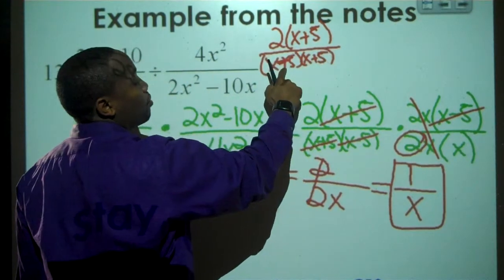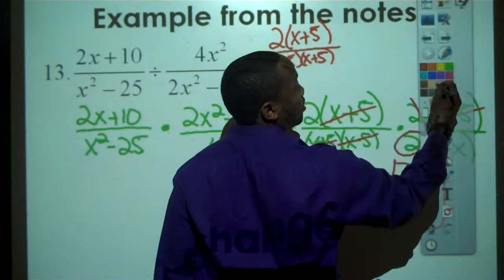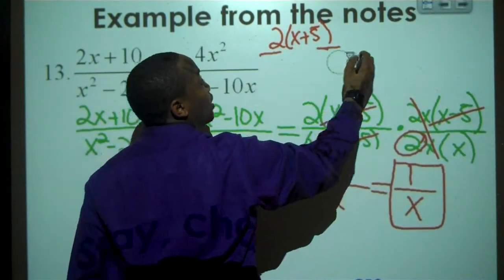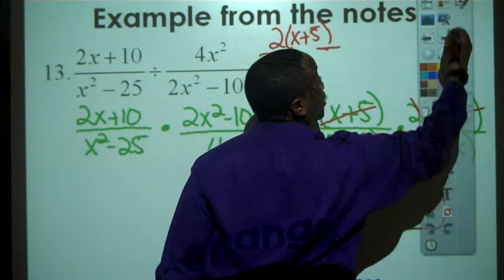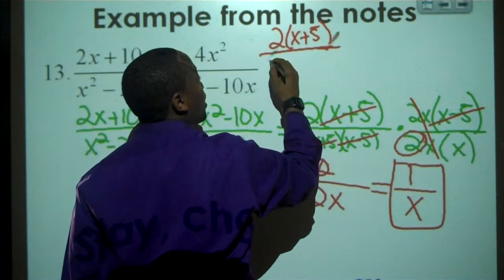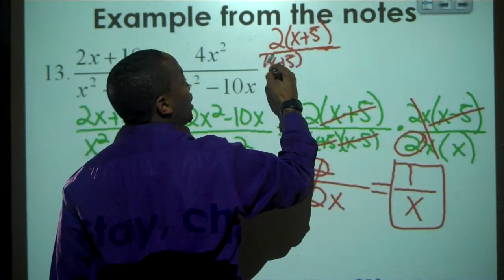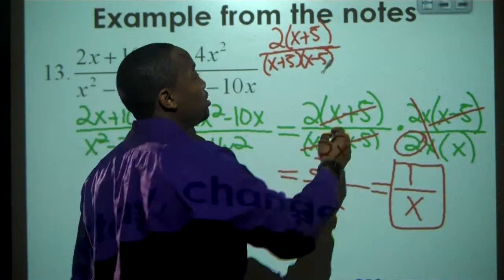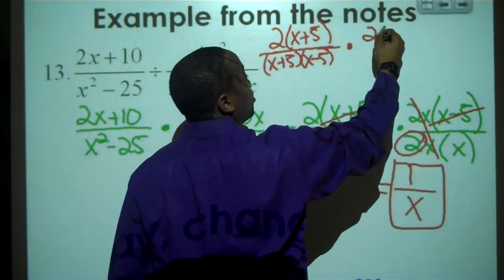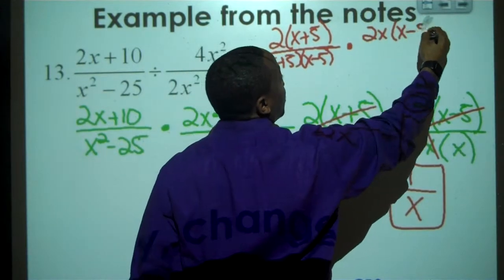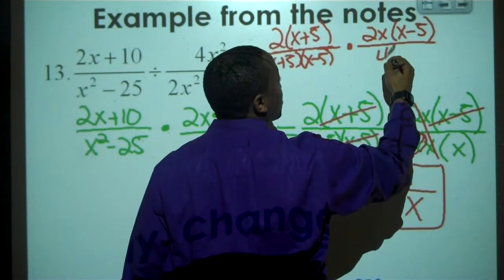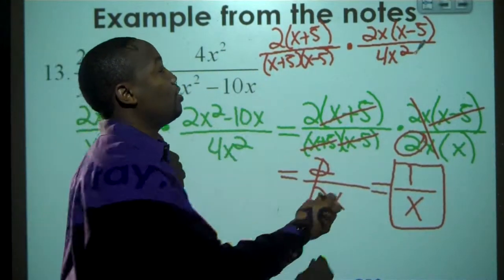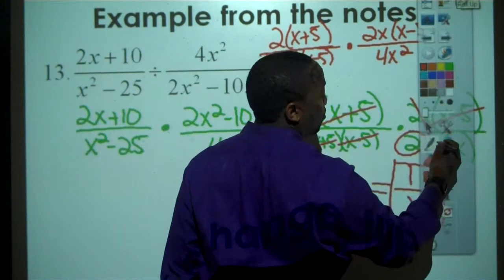That's a minus 5, people. Let me just erase it, so that everybody understands what I mean. This would be an x plus 5 and an x minus 5. Now, let's multiply times 2x times x minus 5 over 4x squared.